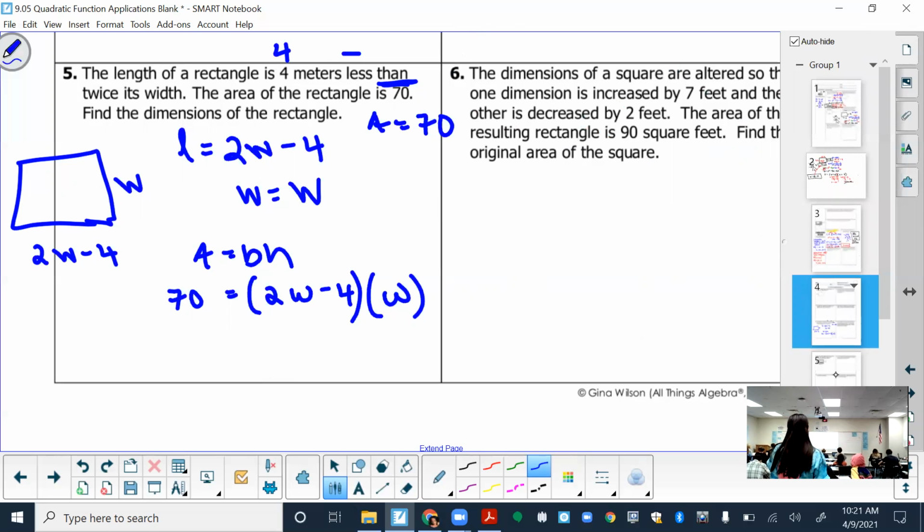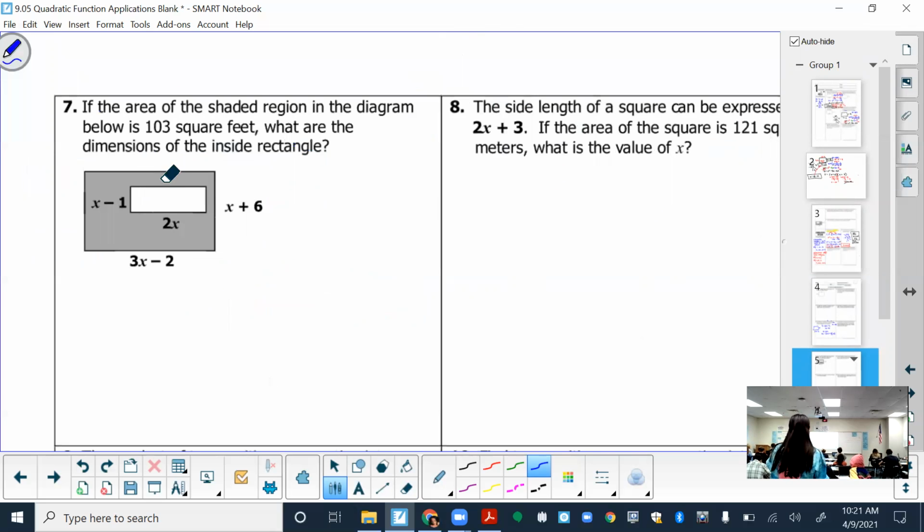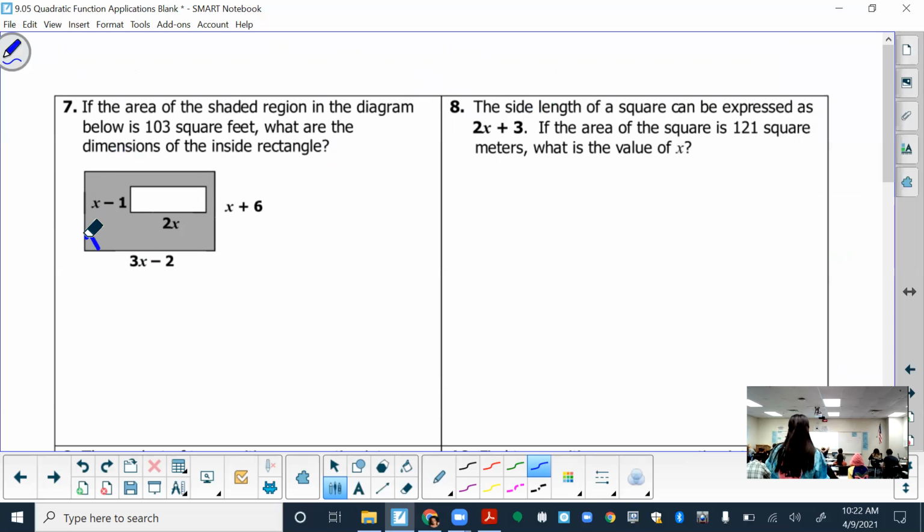All right. So like other ones on your practice, like number 7, the area of the shaded region is 103 square feet. What are the dimensions of the inside rectangle? So that one's, we're talking about the area is the shaded region only, so minus that clear space.